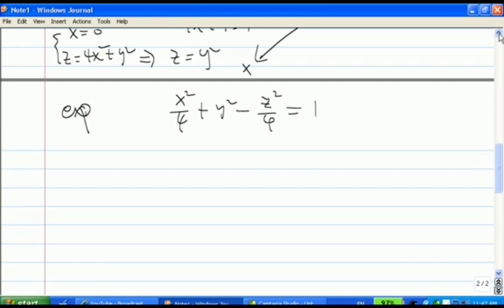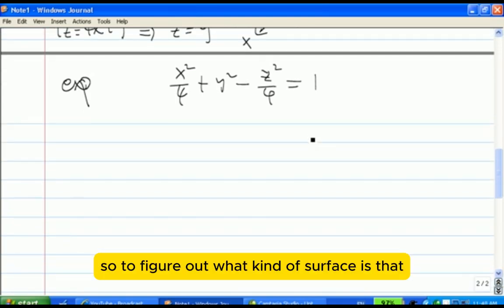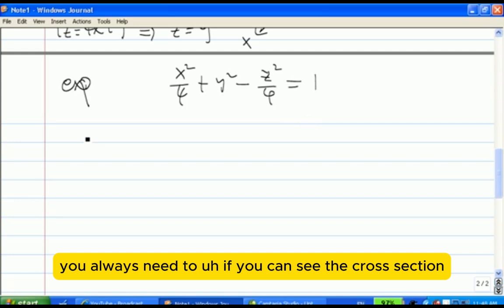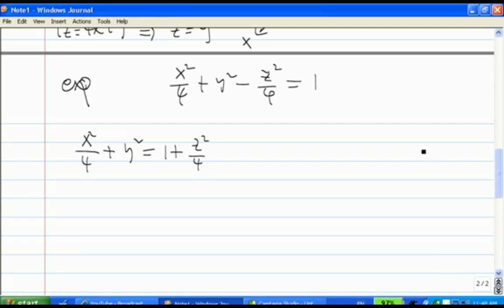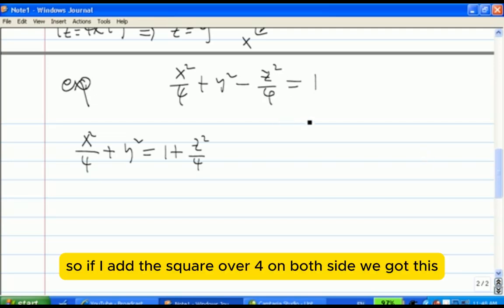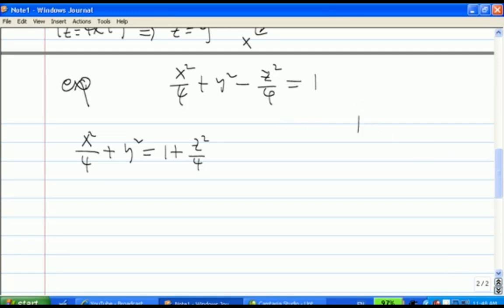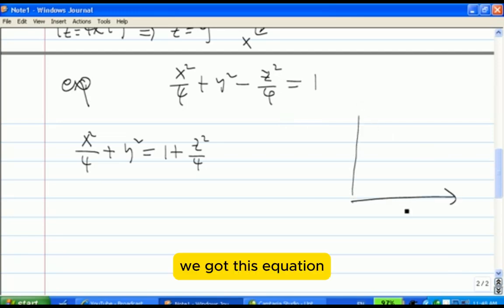So to figure out what kind of surface that is, you always need to see what the cross section looks like, that will help you to understand the whole thing. So if I add z squared over 4 on both sides, we got this equation.